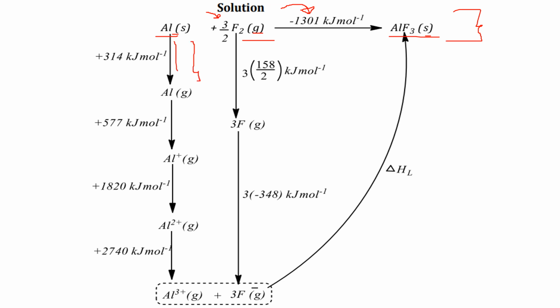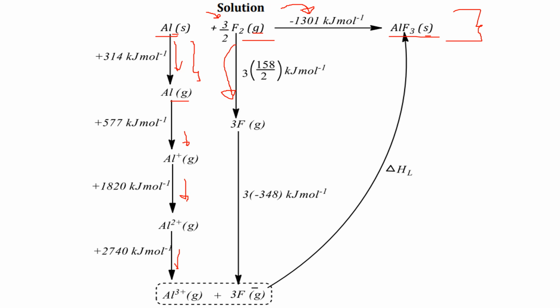First of all is the sublimation or atomization of aluminium. The next is the first ionization energy, then the second ionization energy, up to the third ionization energy. Then we go to atomization of fluorine. We are given the bond dissociation energy, and the atomization energy is a half of the bond dissociation energy that was given.